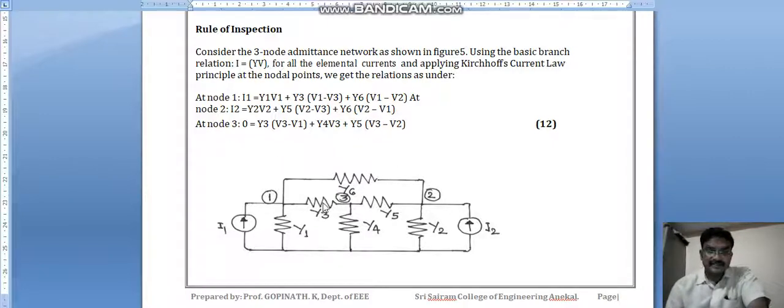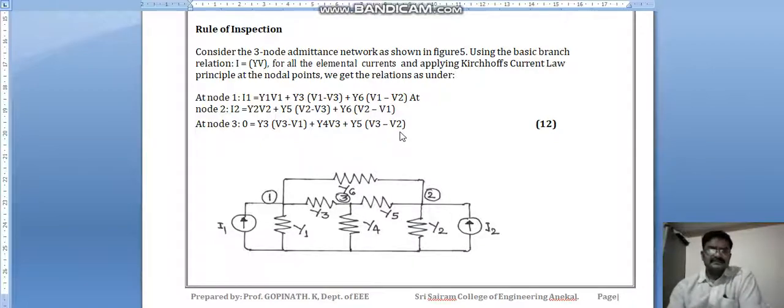At node 3, y3, y4 and y5 are connected: y3 (v3 minus v1) plus y4 v3 plus y5 (v3 minus v2).